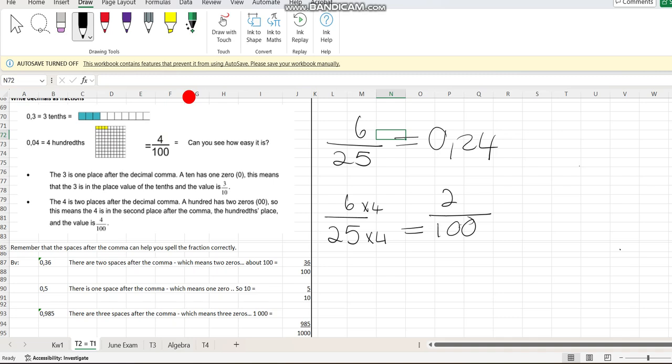And 6 times 4 is 24. If now you take this 1, 2 spaces, which means 0.24 will just be there. So it works out the same. But this is a method that will give you marks if asked for to do it without a calculator. But you can then use your calculator, 6 divided by 25, and just check your answer.